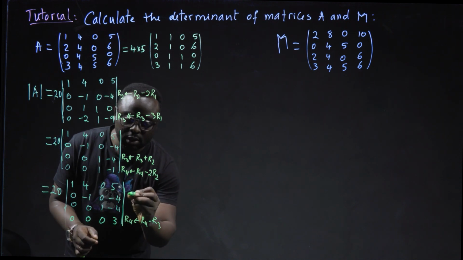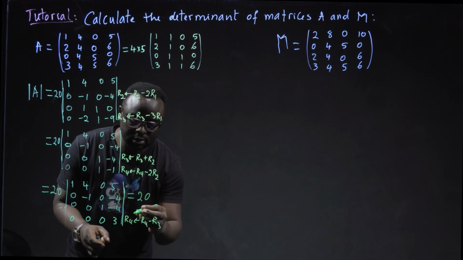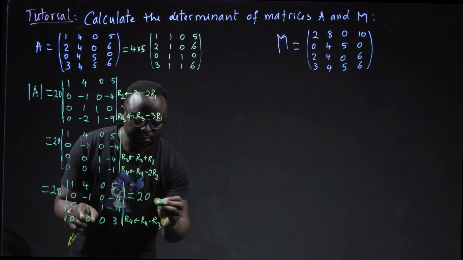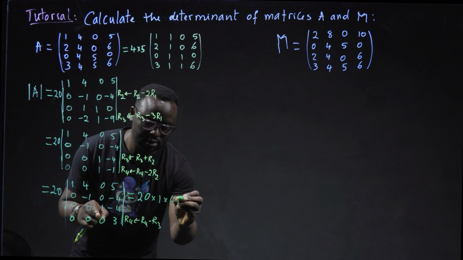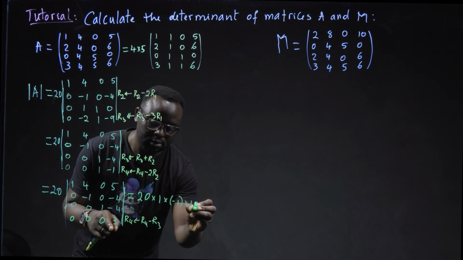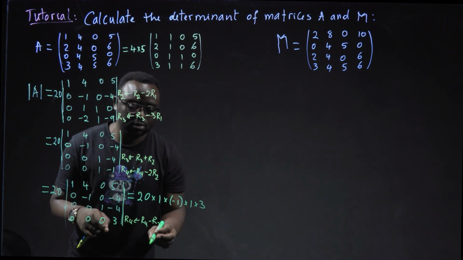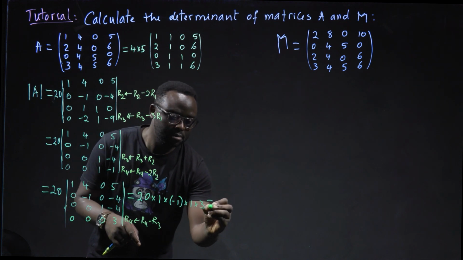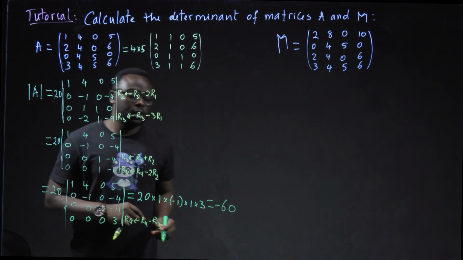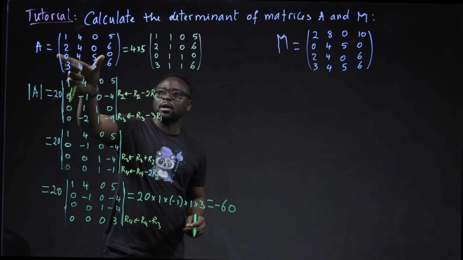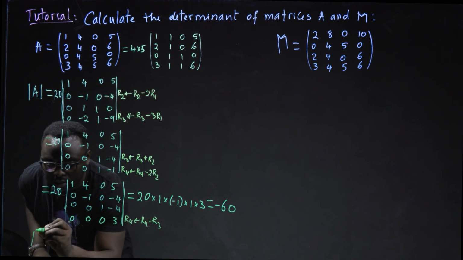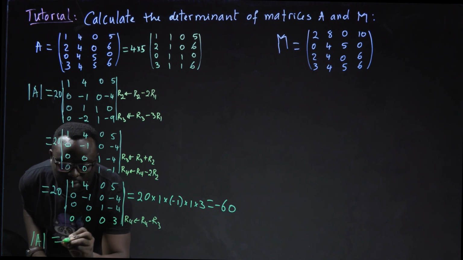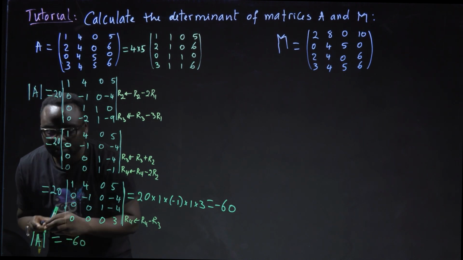So this is 20 times 1 times minus 1 times 1 times 3. So it is minus 60. Okay, so this is the value of the determinant of the matrix A here. Conclusion: determinant of A is equal to minus 60.